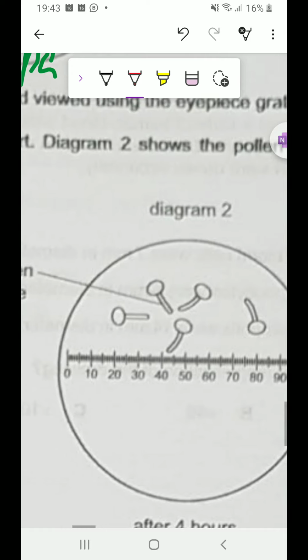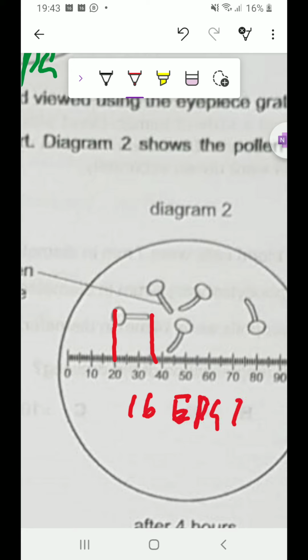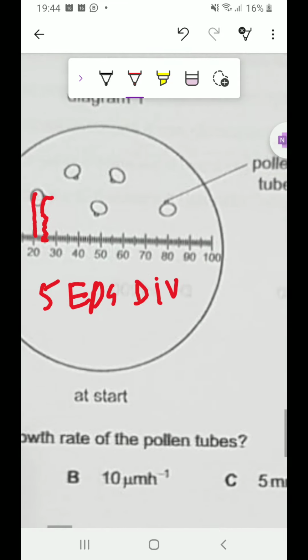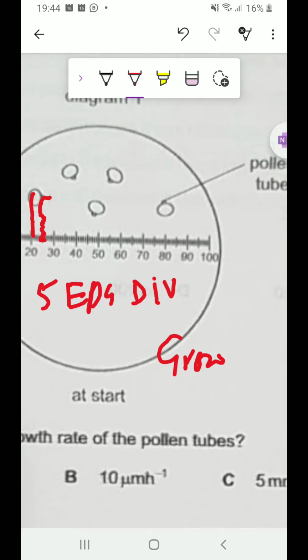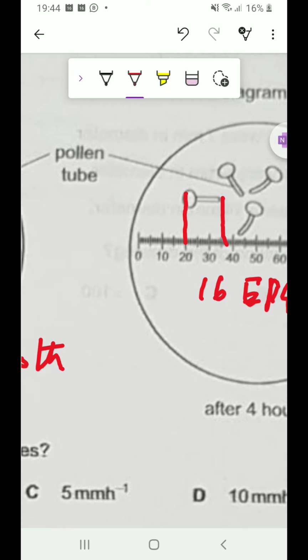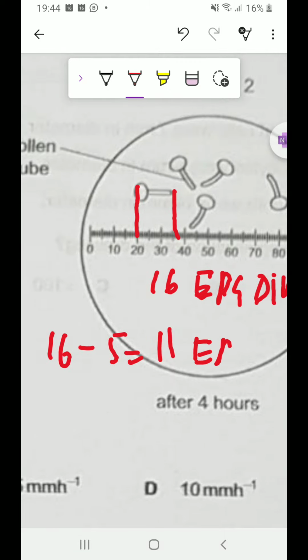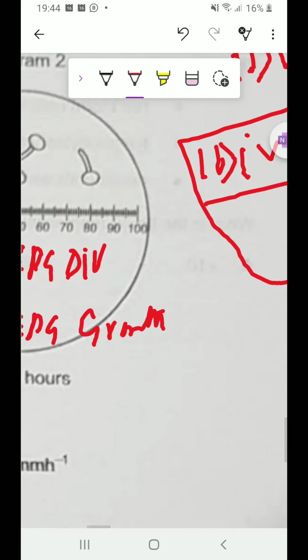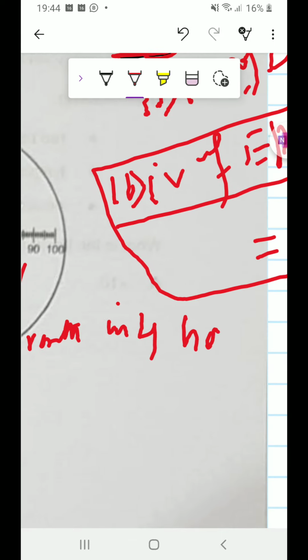After 4 hours, from here to here, it is around 16 EPG divisions. At the start it was 5 EPG divisions. So the growth after 4 hours will be 16 minus 5, which is 11 EPG. So this is 11 EPG growth in 4 hours, as given in the question.